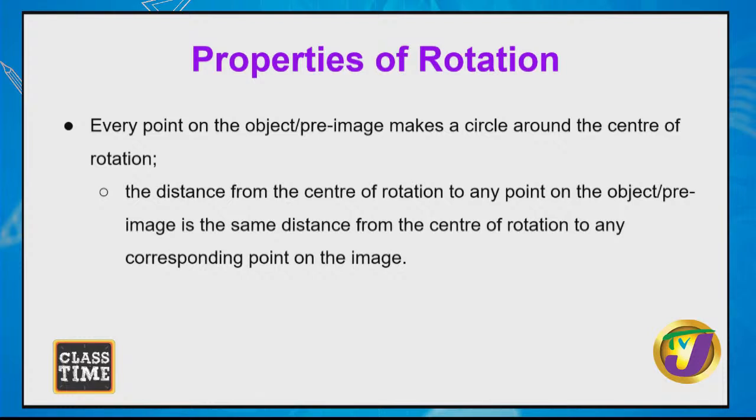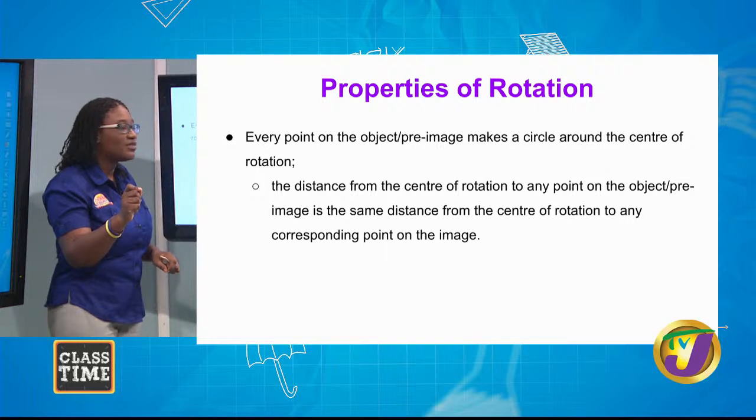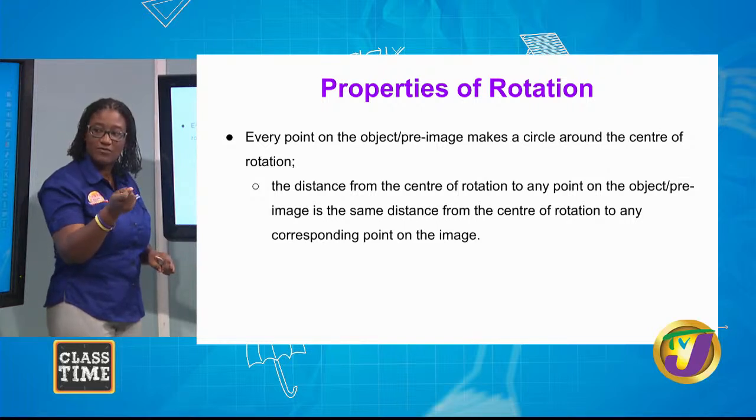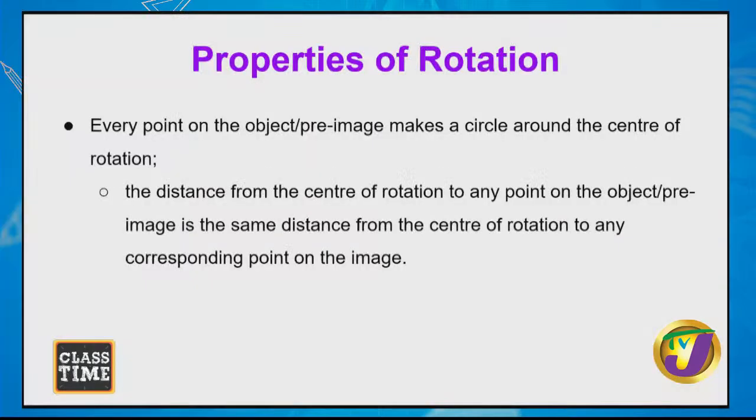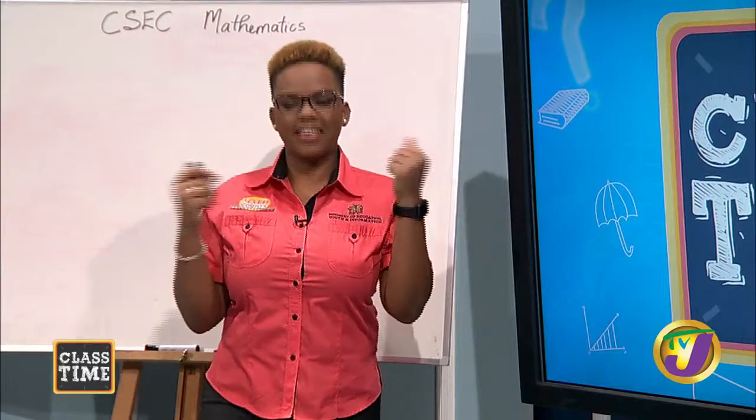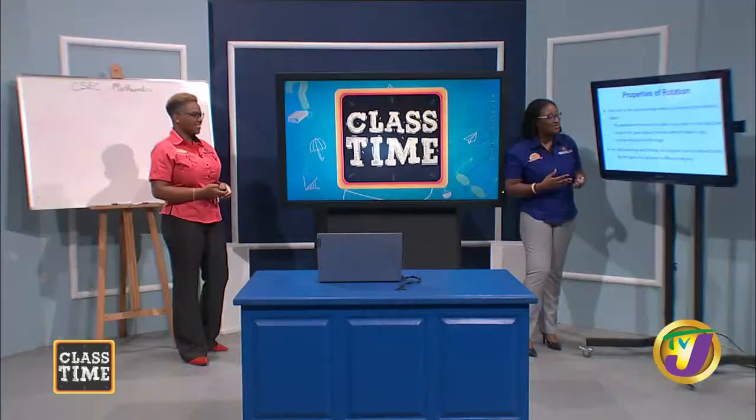We also saw that the distance from the center of rotation to any point on the pre-image, say from the center to A, is the same as the distance from the center of rotation to the corresponding point on the image, A prime. That's because there are two radii.